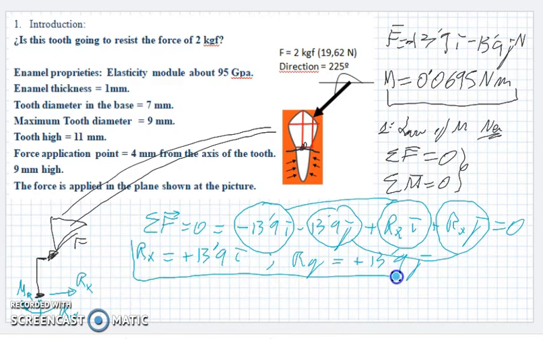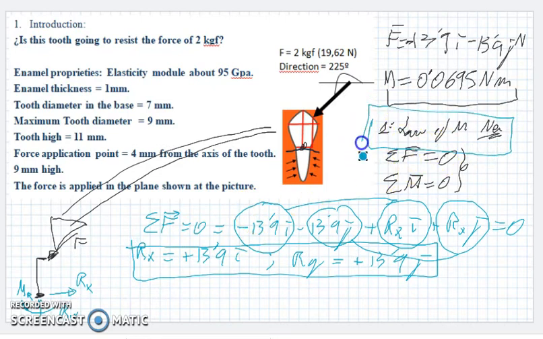Here we are, now the first law of Newton of motion is right, because in the main base there are reactions.